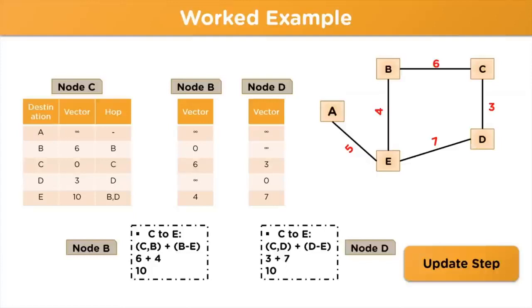That would be distance from C to D and then D to E. And the value would be again 10. So we can use any of the side to reach the destination node E. By completing all the steps, we have the new table for node C. Similarly, we can find the routing table for all the nodes present.